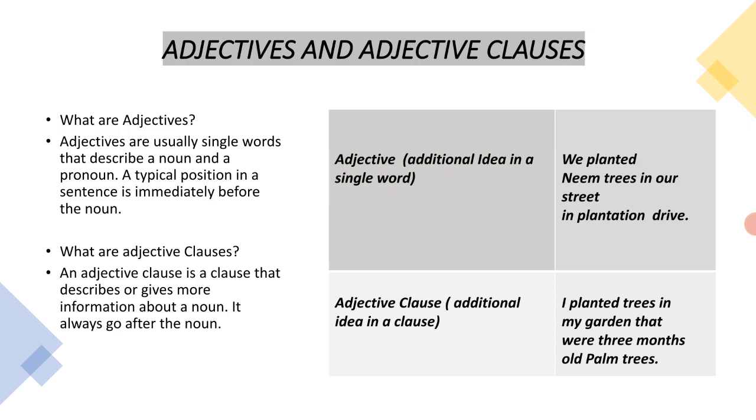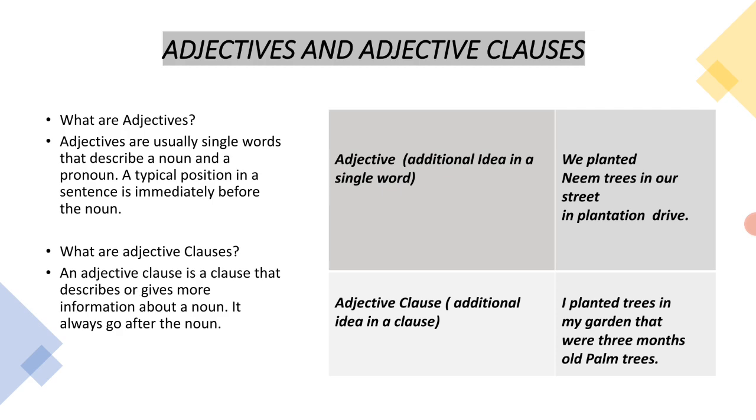The first difference is that of position. A typical position of adjectives in a sentence is always before the noun. But in the case of adjective clauses, they always go after the noun. Look at the examples. We planted neem trees in our street in Plantation Drive.